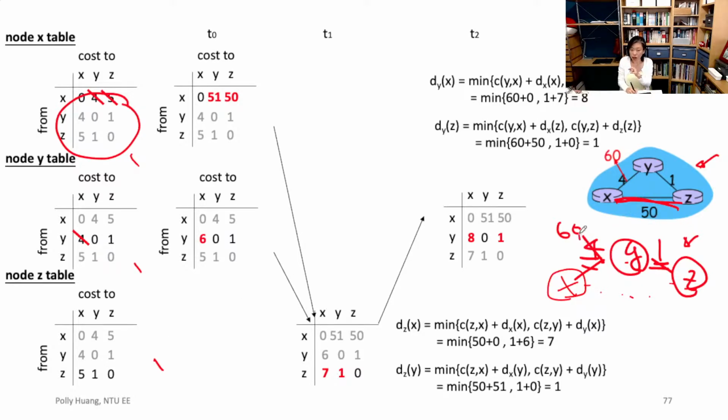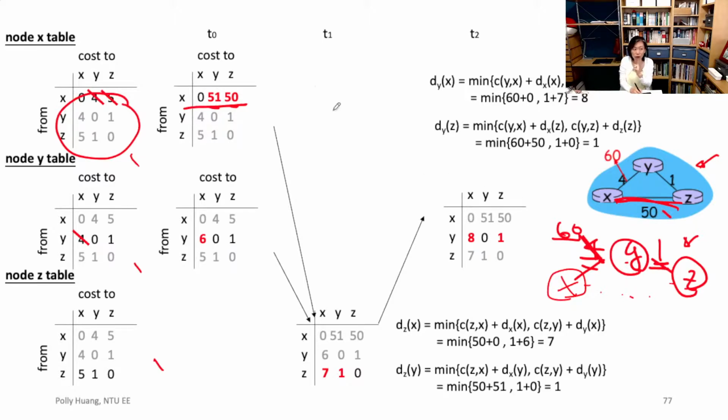Now, let's change link cost from 4 to 60 here. To calculate these, what do you think? Oh, okay, it's a little bit tricky. We don't know, right? Because 51 and 50 obviously are the result of having the link cost being 50 here.